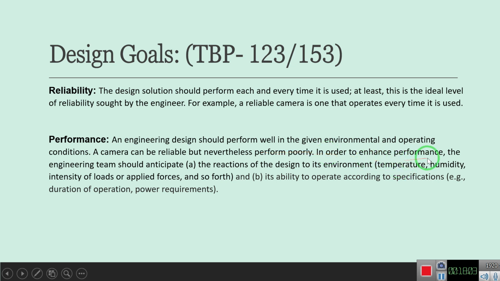In order to enhance performance, the engineering team should anticipate the reaction of the design to its environment, like temperature, humidity, intensity of loads, or applied forces, and so forth.